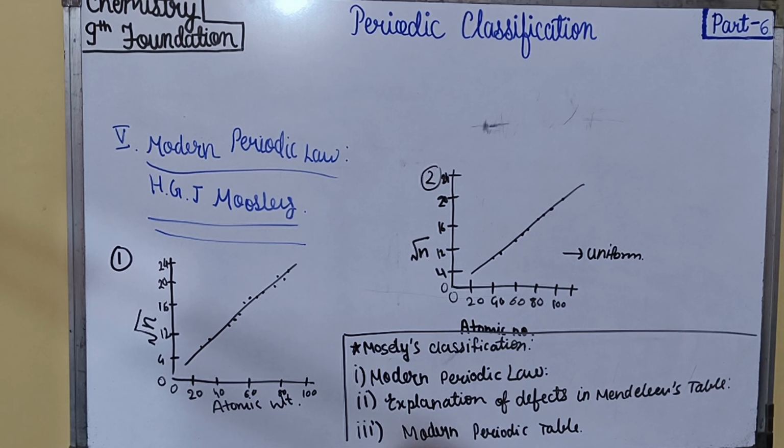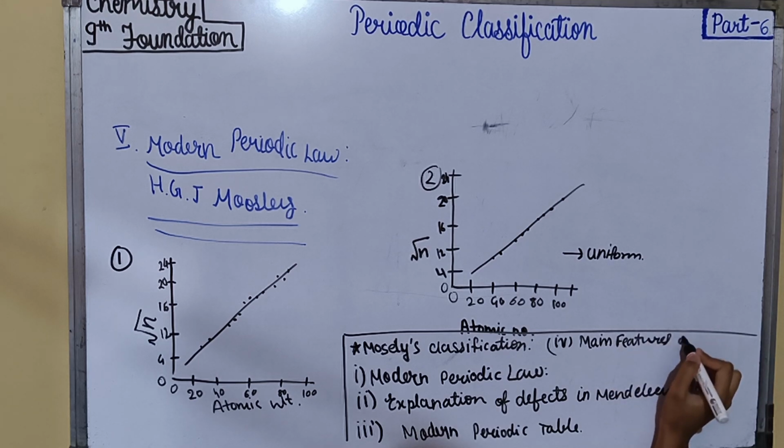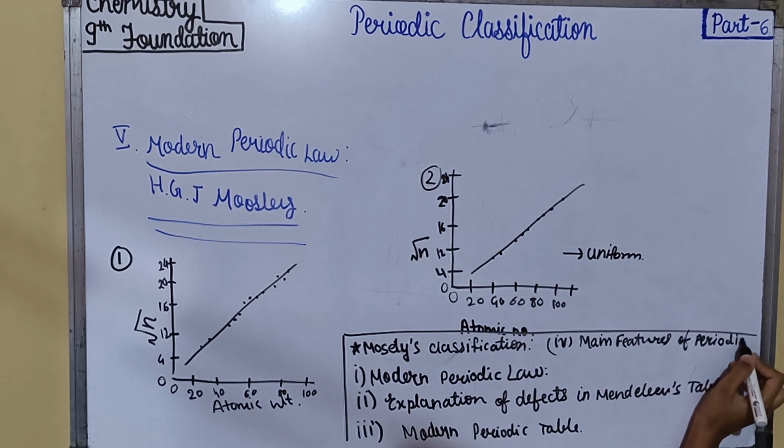The fourth point by Moseley was the main features of the periodic table.